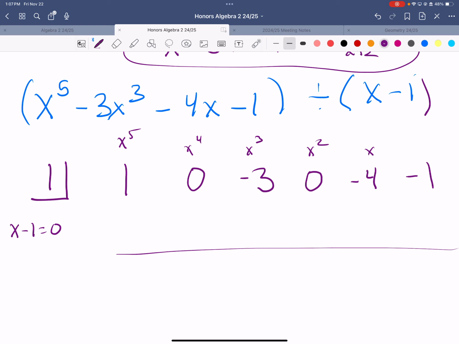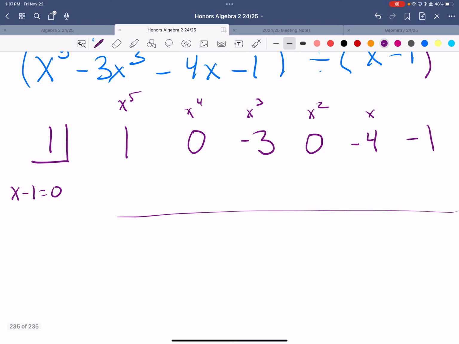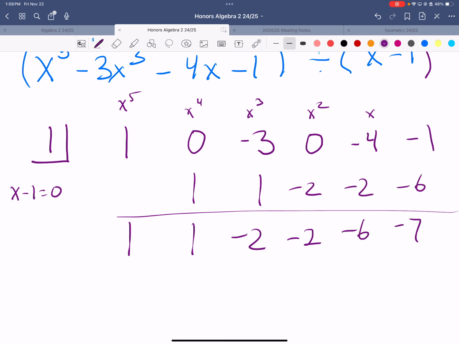Can't forget them. All right, so here we go. We've got 1, 1, 1, 1, -2, -2, -2, -2, -6, -6, -7. How'd I do? So x to the 4th plus x cubed minus 2x squared minus 2x minus 6 minus 7 over x minus 1.